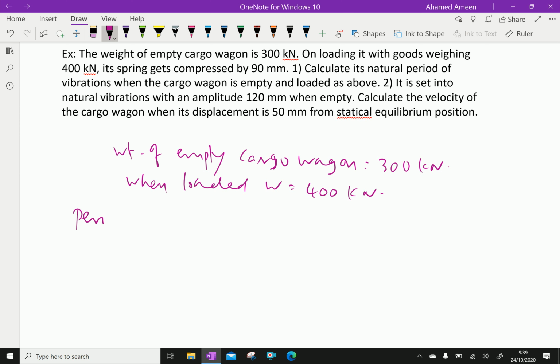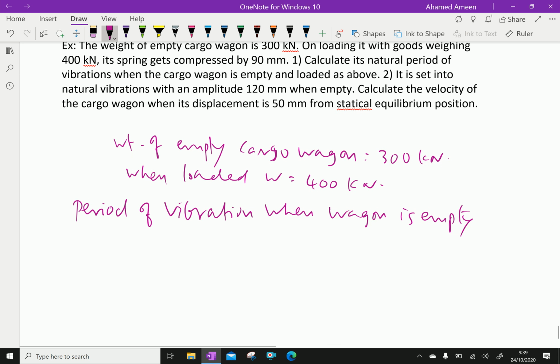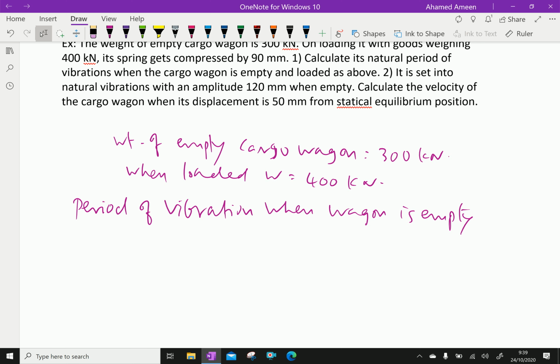Now, period of vibration when wagon is empty. For that we have to write first delta 1.